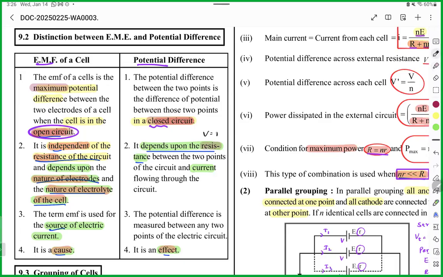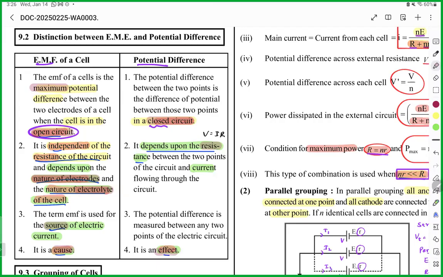V is equal to IR. But EMF depends upon the nature of the material, nature of the electrolyte, because the electrolyte decides your EMF. It is the source of current. So if it is the source, it is the cause, and the other is the effect, the result. Effect means result. Any doubt, guys?